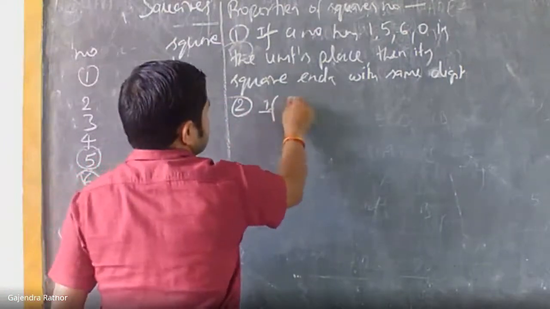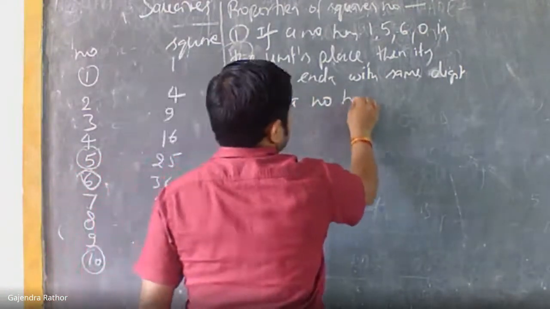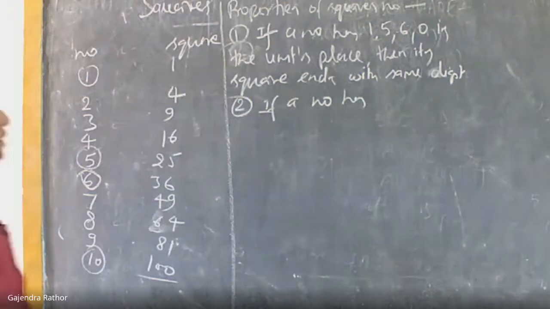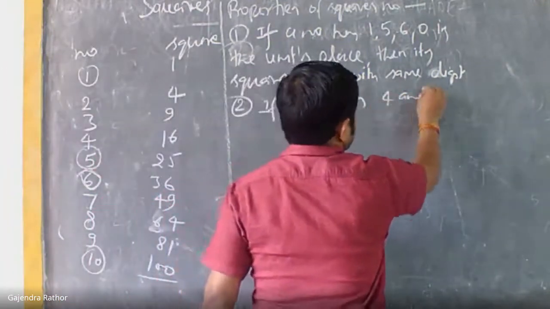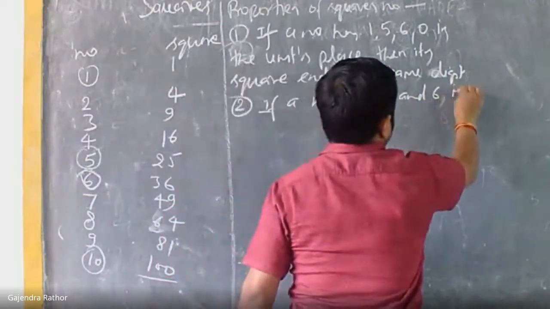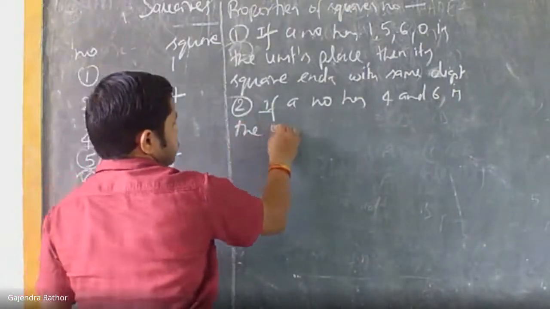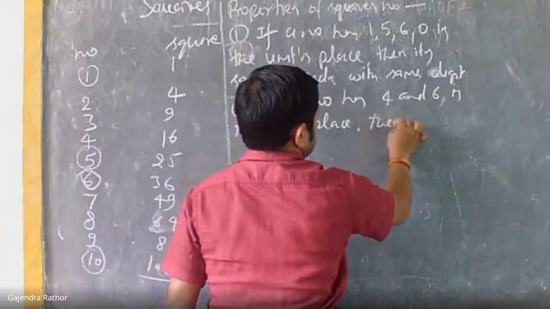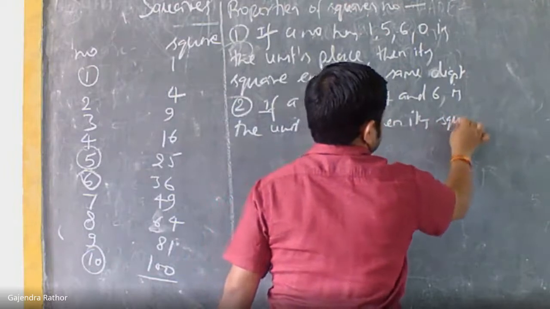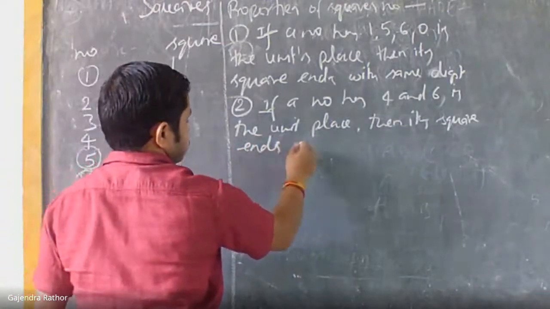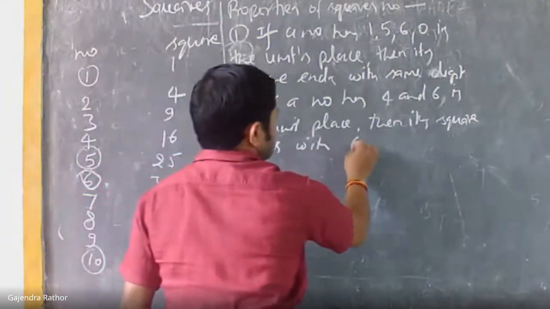If a number has the remaining numbers, four and six, in the unit place, then its square ends with 6.